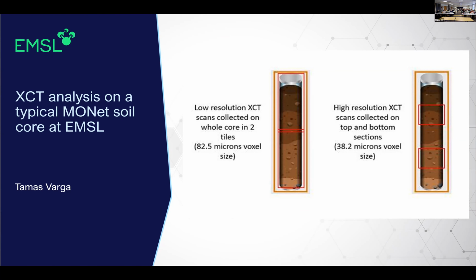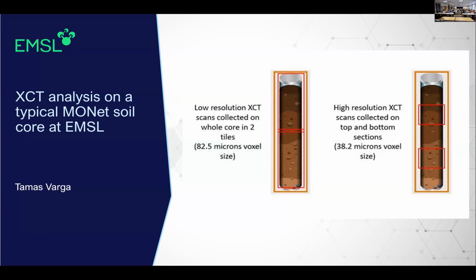I'm curious how this relates to the talk we had earlier, Alexandra's talk. Can we do micro CT, XCT here, or do you need something different? EMSL has a nano CT, which is more like a soft X-ray microscope, so it's not really applicable to soils.